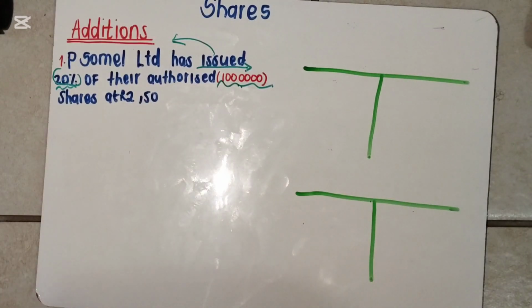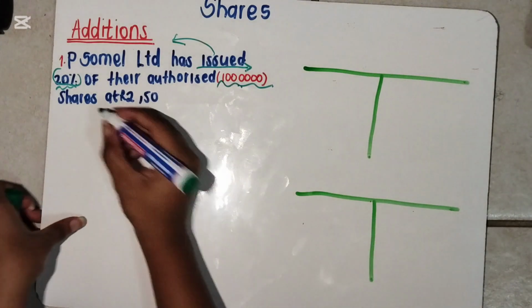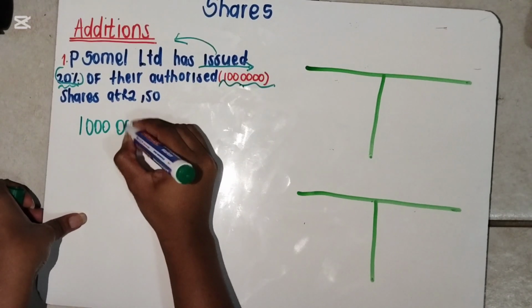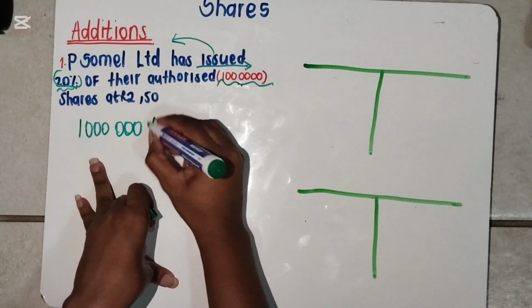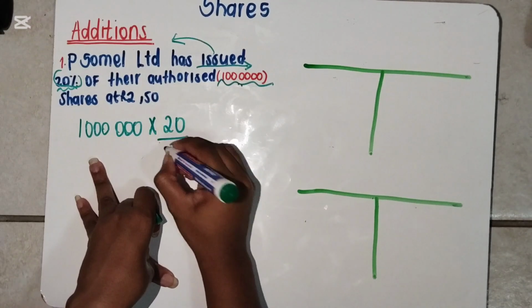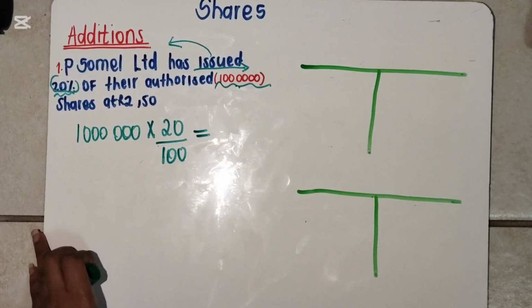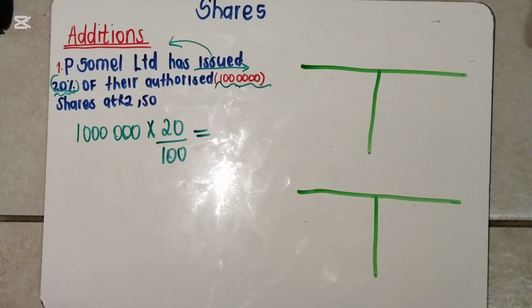So they're saying 20% of the authorized shares. You're going to start by saying your 1,000,000, and then you multiply by 20%, because we want to know how many we issued to the public. We didn't issue the full amount, so it's only the 20%.